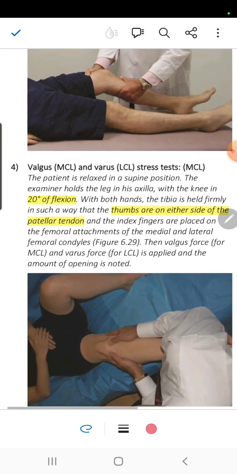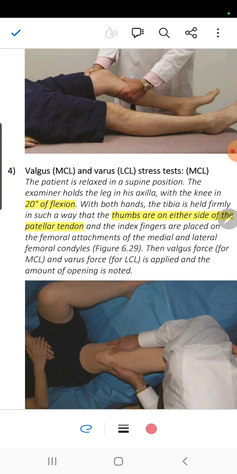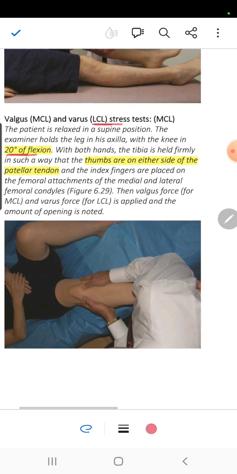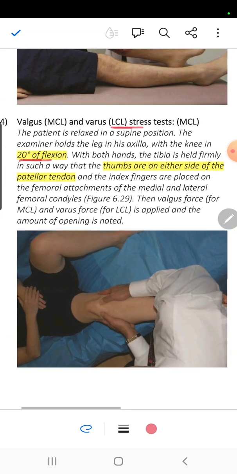So valgus and varus tests: valgus stress for MCL injury, varus stress for LCL injury. Again in the supine relaxed position, the examiner holds the leg in his axilla with the knee in 20 degrees of flexion. With both hands the tibia is held firmly in such a way that the thumbs are on either side of the patellar tendon.